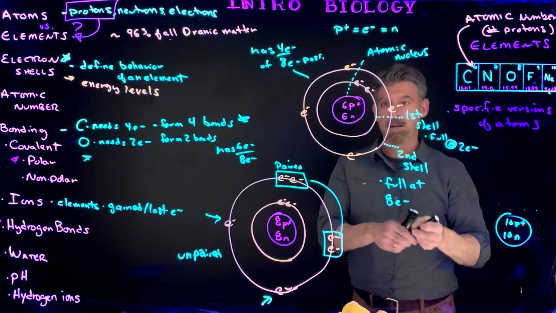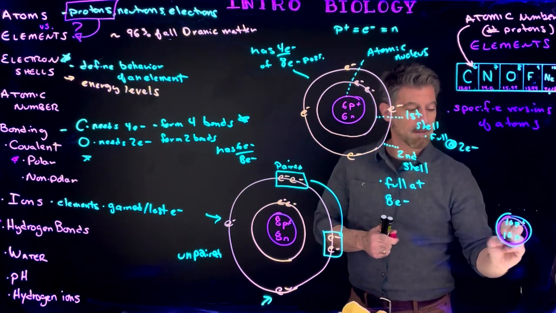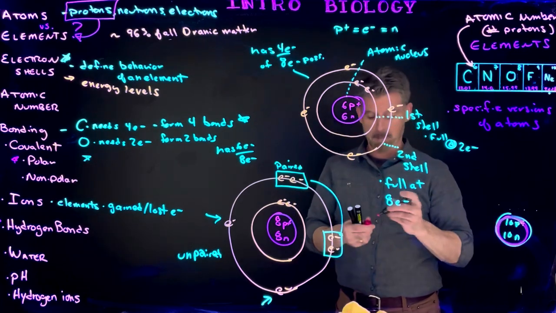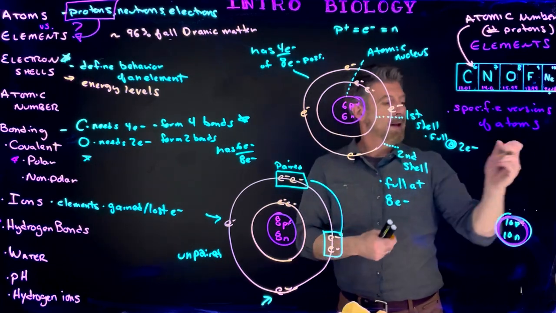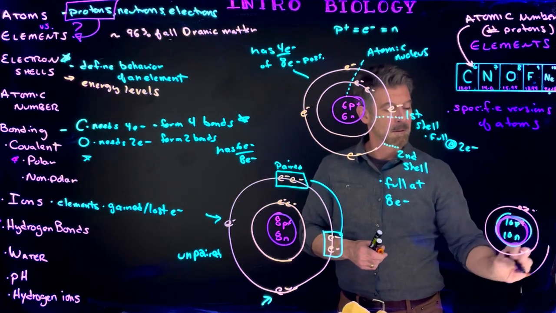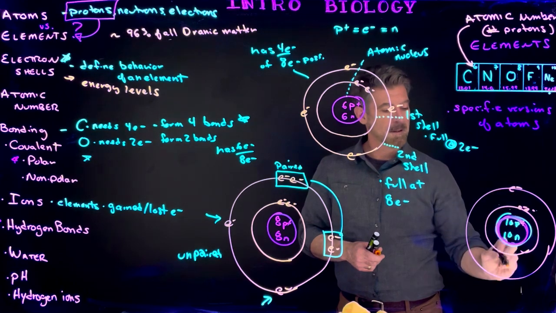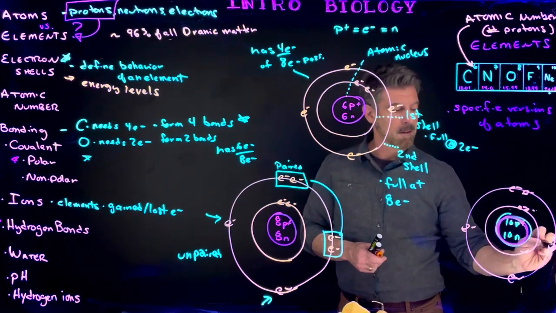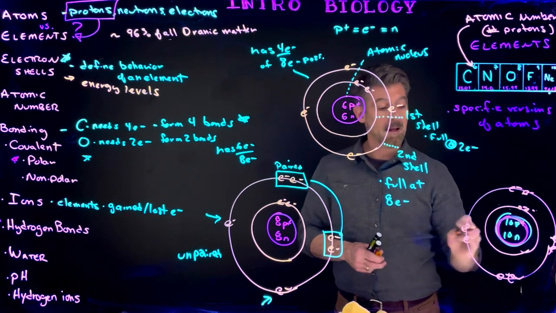Sorry, I did that in a different color, so it might throw you off. Okay, that's an atomic nucleus, okay? So then it has 10 electrons, so that means it would get 2, and that means it would get 3, 4, 5, 6, 7, 8, 9, 10.